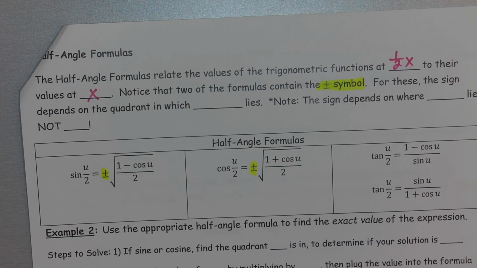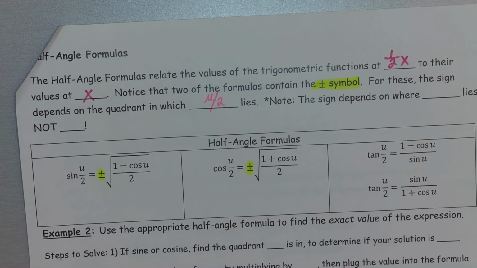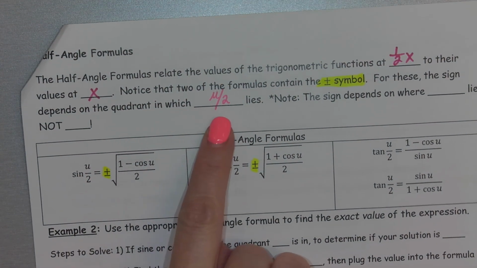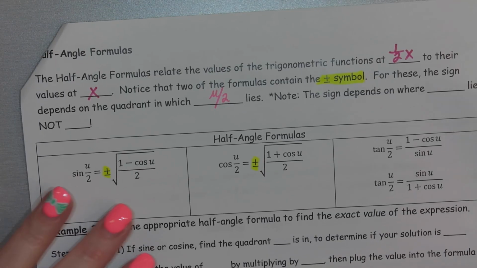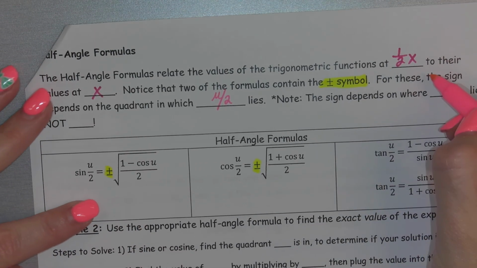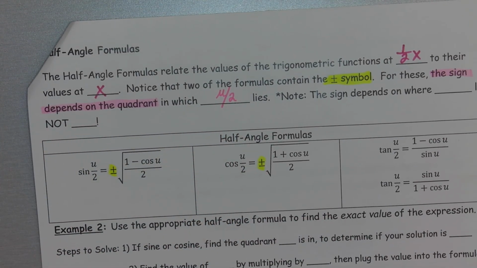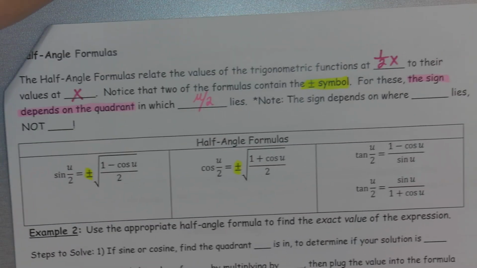It depends on the quadrant in which the half angle lies, which is that u over 2. So the sign depends on the quadrant in which that half angle lies.